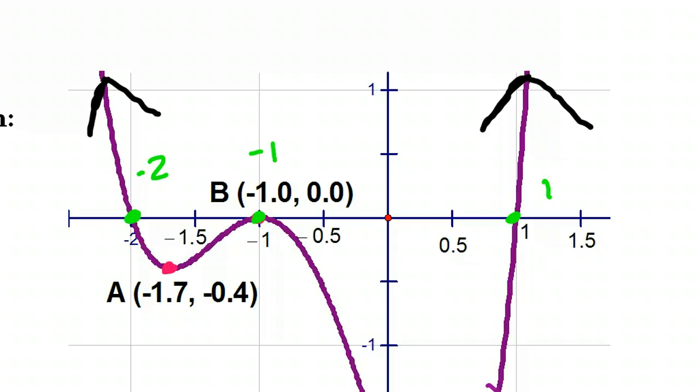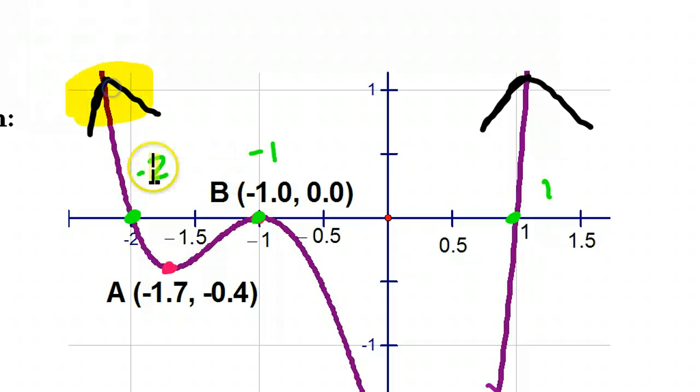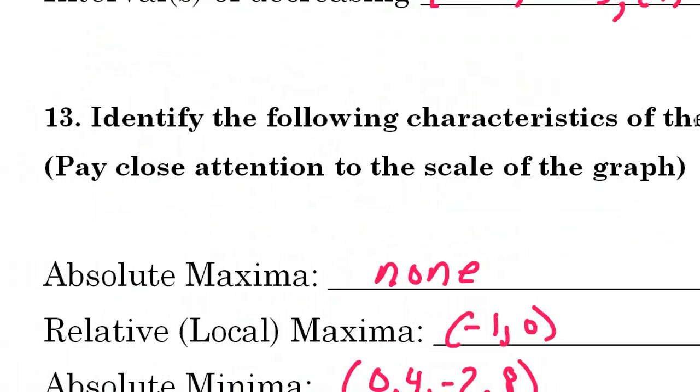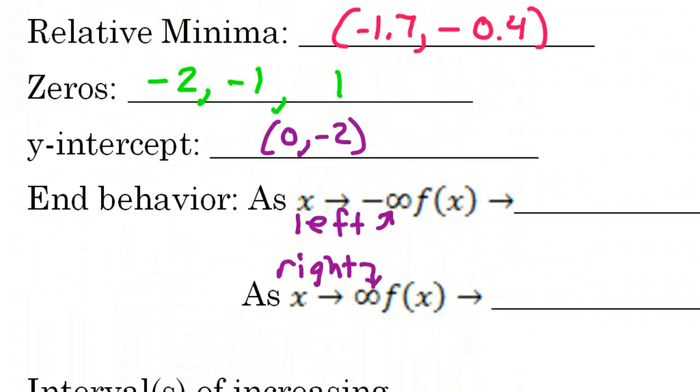And as we go to the left, you can see that the graph is rising on the left. As we go to the right, you can see that the graph is rising again. So it's rising on the left and it's rising on the right. So that's going to be positive infinity and positive infinity.